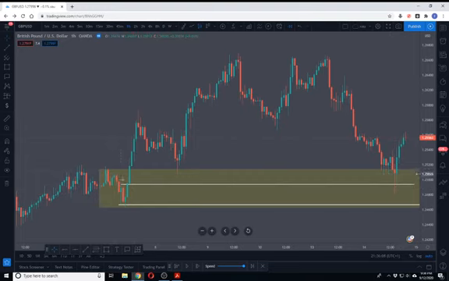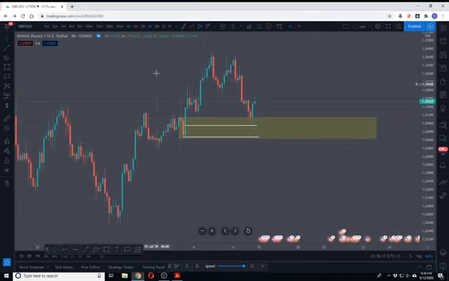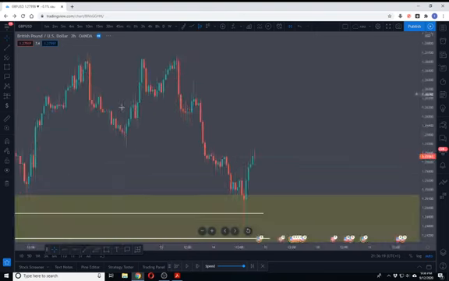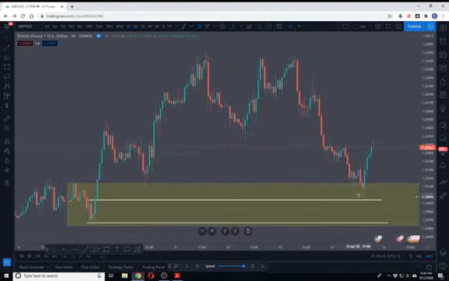So this is the 1 hour order block inside of the 4 hour order block, and from the 3 hour down it gave us nice imbalance plus liquidity to take a trade off of, which we'll go over in the next few videos. Thank you for listening.